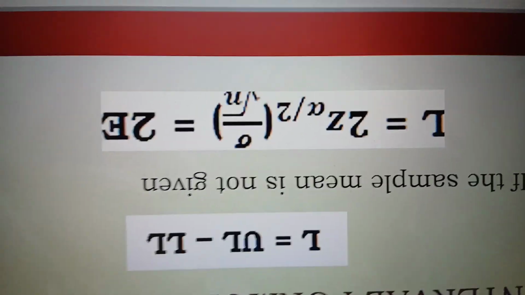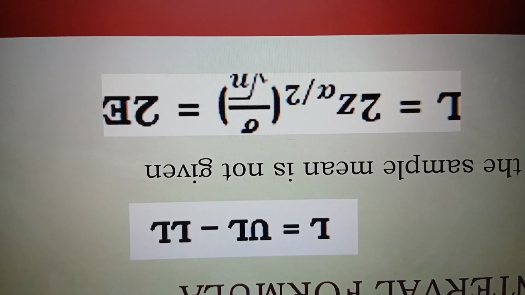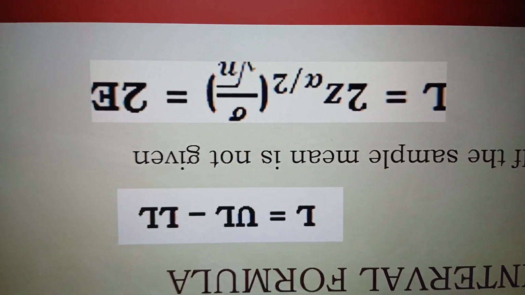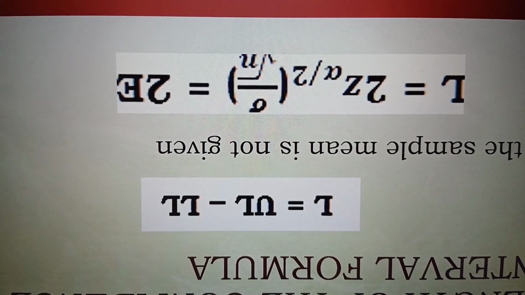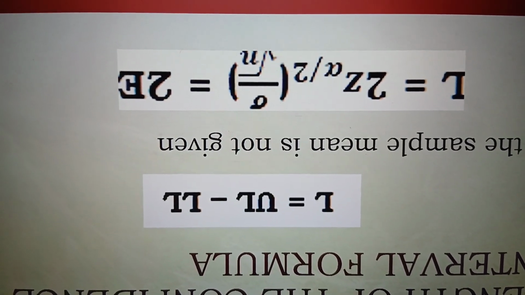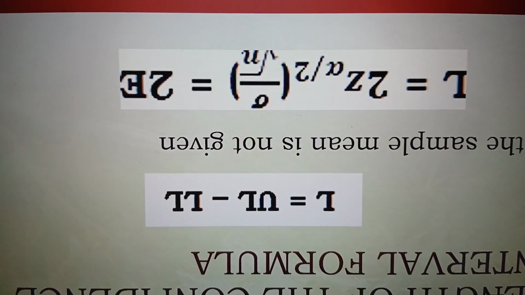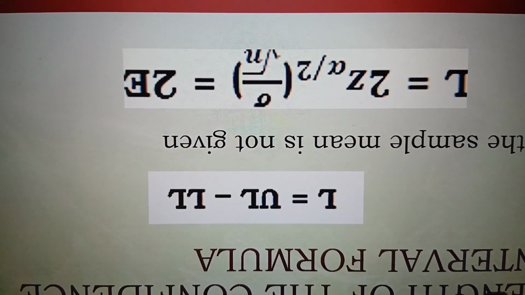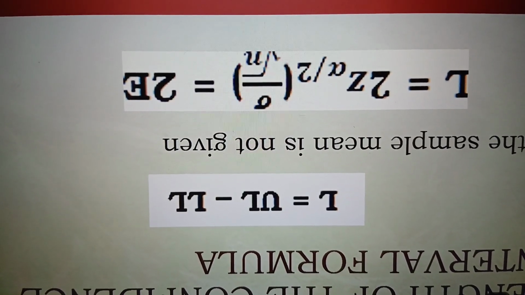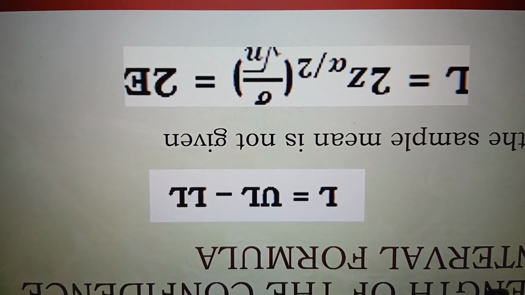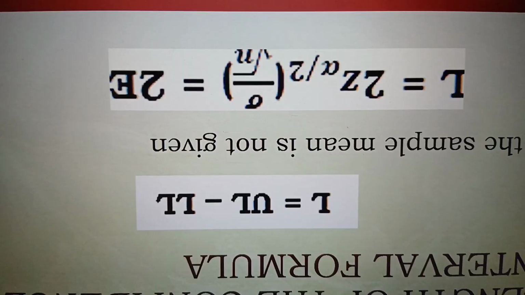Remember that the lower limit is the difference between the sample mean and the margin of error, and the upper limit is the sum of the sample mean and the margin of error.